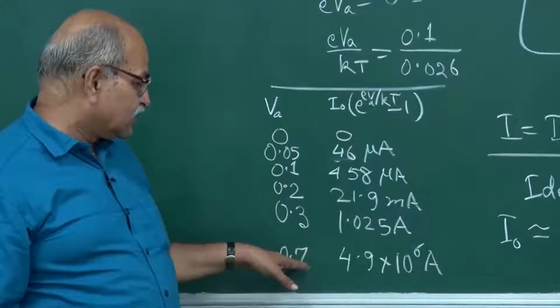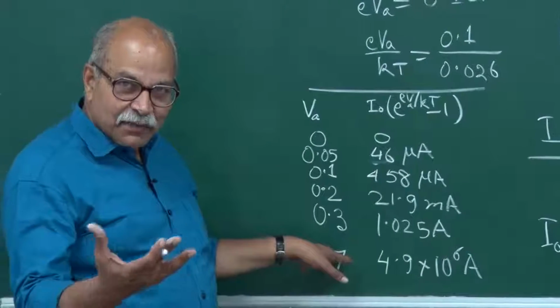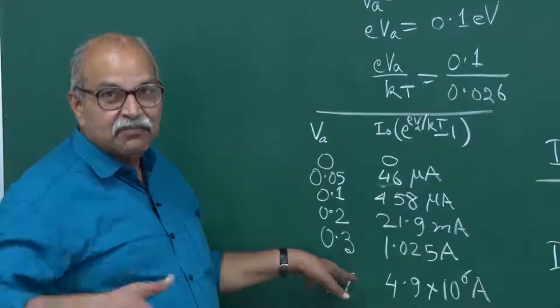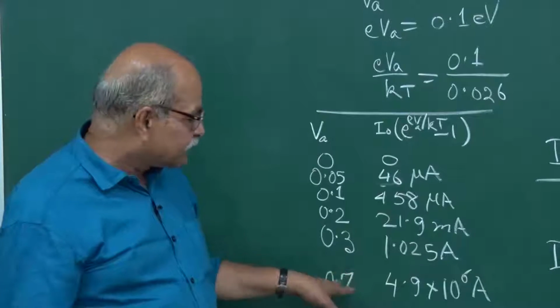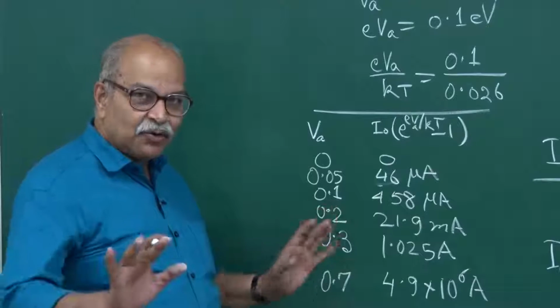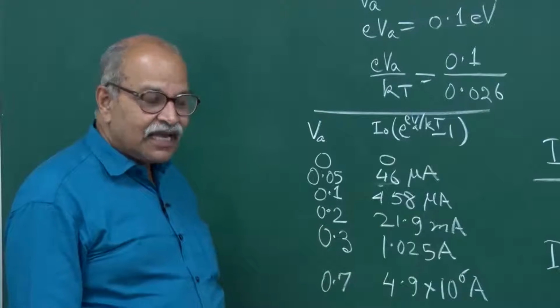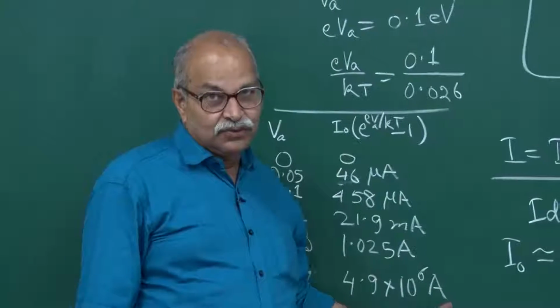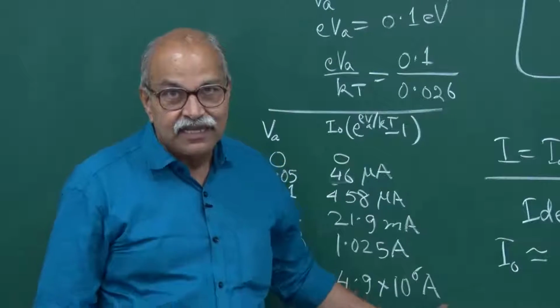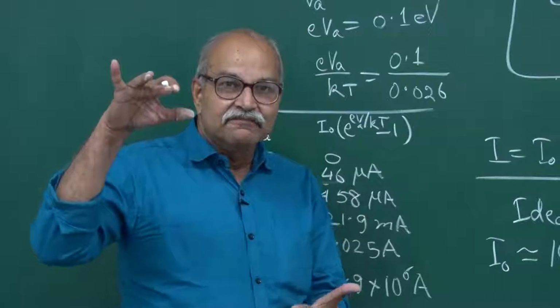For silicon, this 0.7, of course it will depend on temperature and many things, but little bit on doping perhaps, but typically it is around 0.6, 0.7, and if you apply that much, you have huge impossible current. And that is understandable physically.